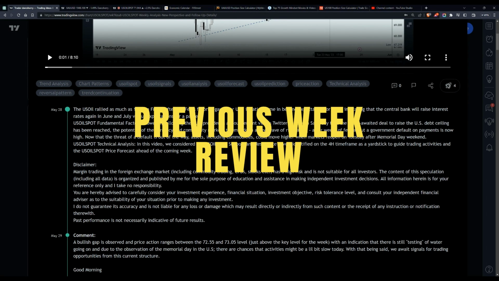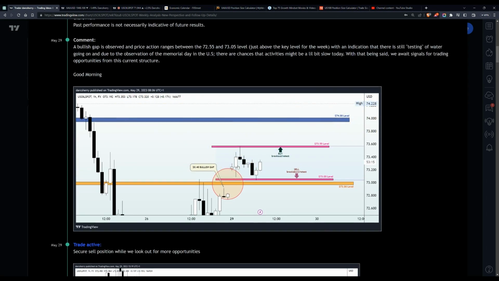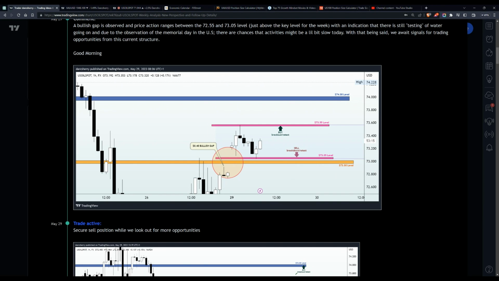And talking about last week's trading session, the week started with a simple flat channel where we identified price action ranging between the $73.55 and the $73.05 area, which happens to be around our key level for the week.